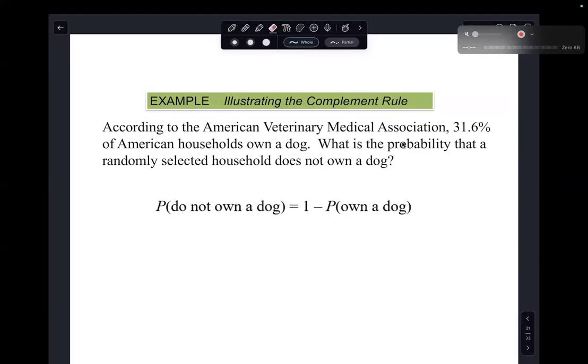So the probability of owning a dog is 0.316, and not owning a dog is 1 minus 0.316, which is 0.684, or about a 68.4% chance of choosing a household that doesn't own a dog. So this complement rule is going to become your best friend later on. Trust me.